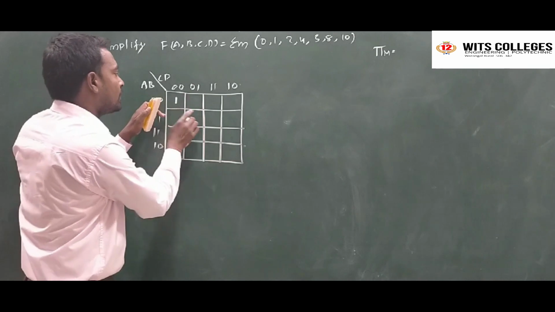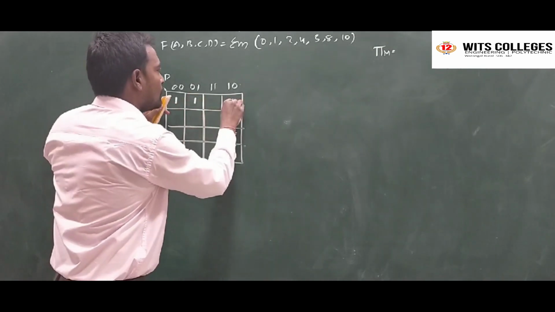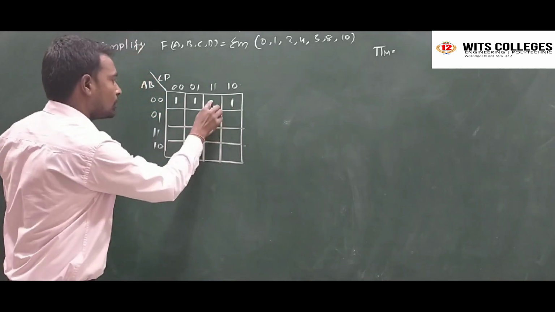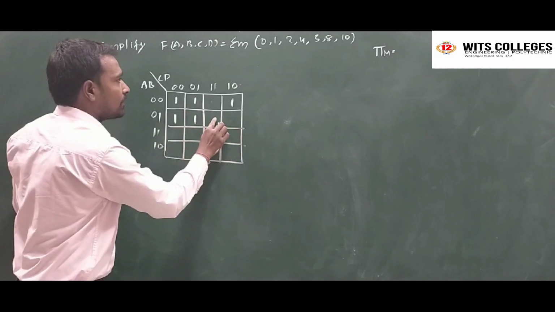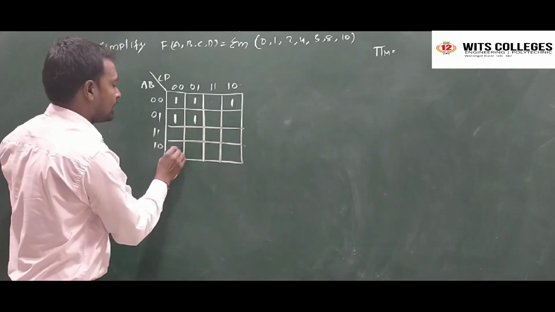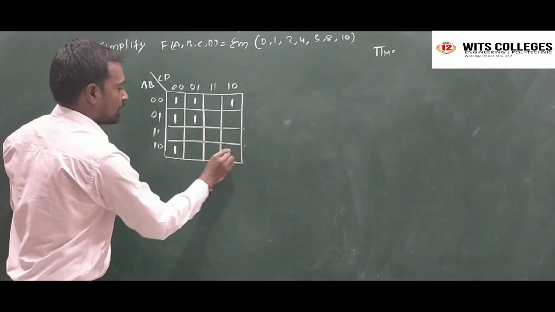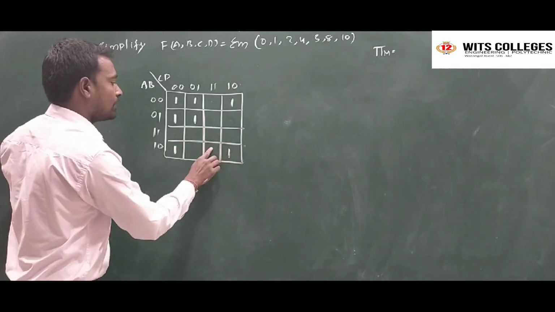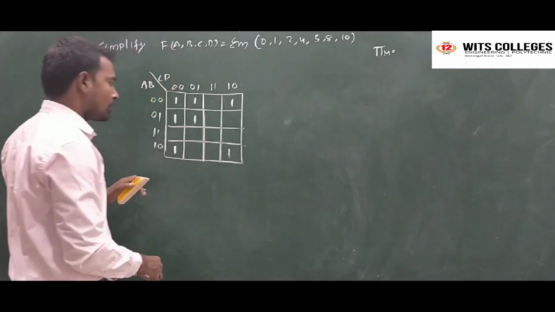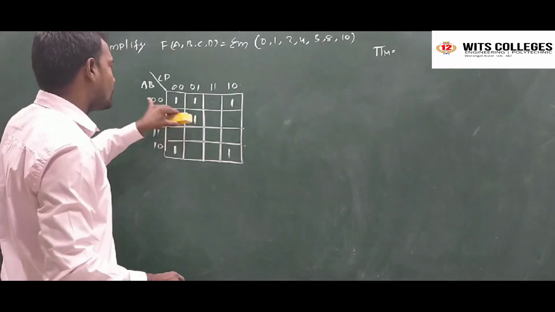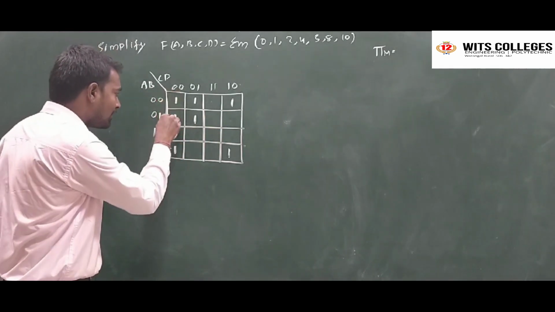So this is 1 and 0 0 1 and this is also 1, and 2 and 4. 7 is not there, 8 9 10, 10 is there, and 11 12 13 14 are not there. Okay, so this is the K map and we have to map all the variables.